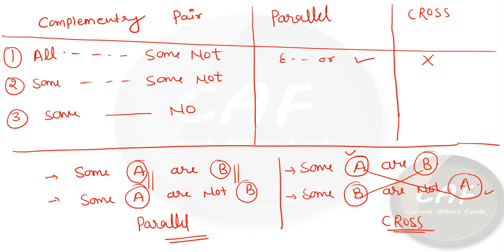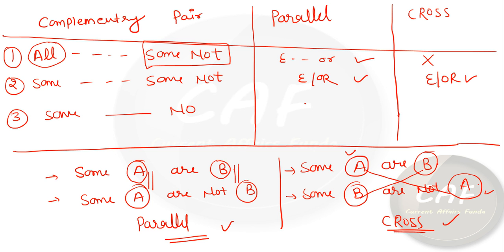This is the only case if the conclusion starts with all and some not. In the remaining cases, whether the conclusion is in parallel or in cross, the either-or relation will follow, and here also either-or will follow, whether the conclusion is in parallel or in cross.